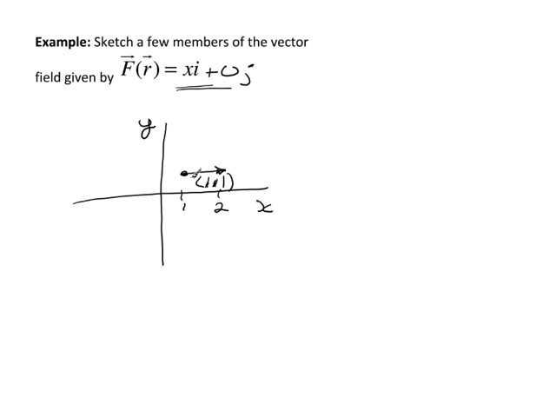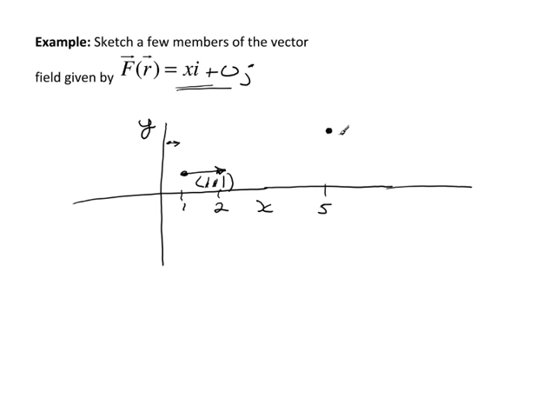Now, if I'm really close to the y-axis, say I'm up here at x equals 0.001 and y equals 3 or something, then the length of x, this component, is going to be very, very small. As I get farther away, come over here to, say, x equals 5, it doesn't matter what my y component is. If I'm right there, my x component is going to be 5.